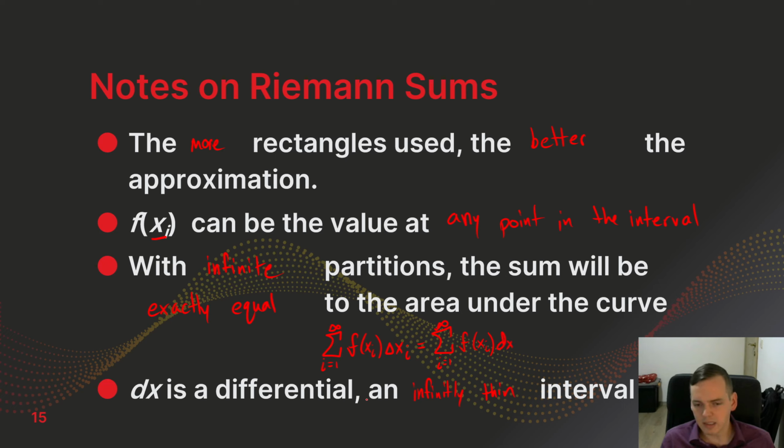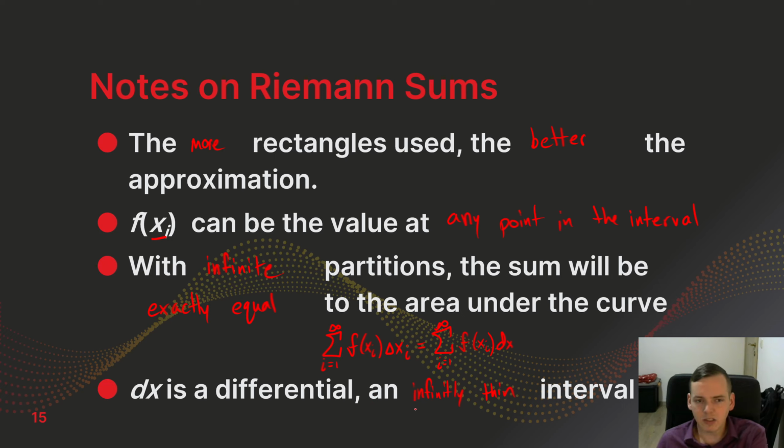Because as delta x gets smaller and smaller, when you get to the smallest number that isn't 0, that's your dx, essentially. And these will be infinitely thin rectangles here.